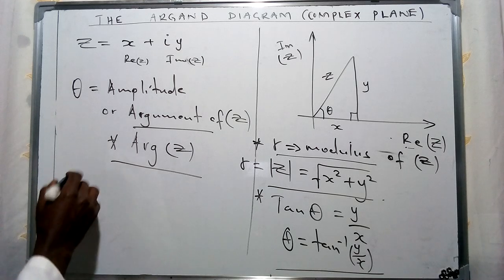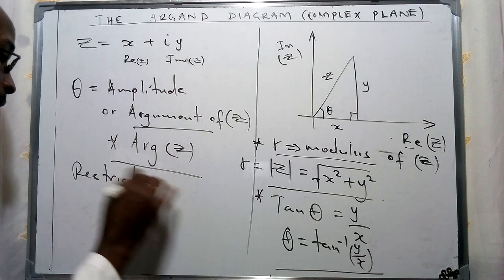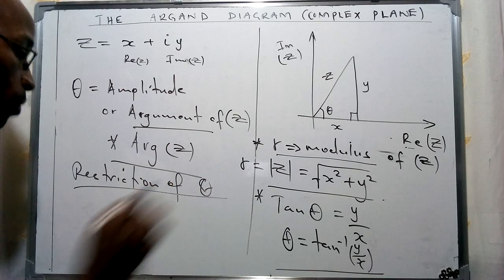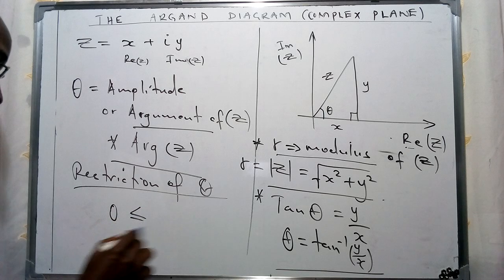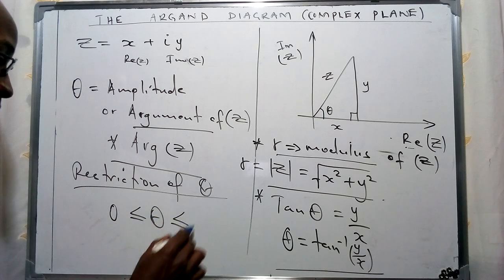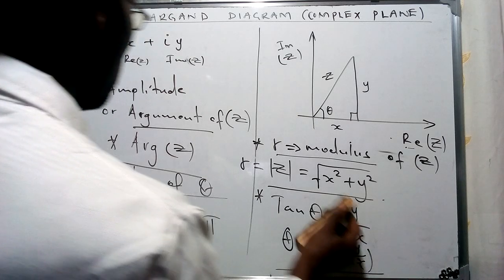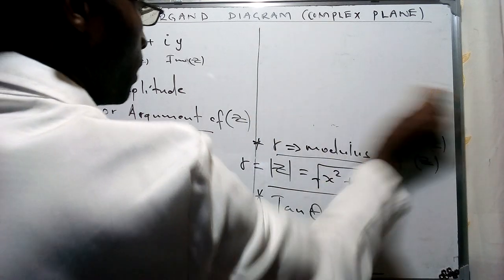And in this case, we are going to have a restriction for our specific angle or argument, which we have given in terms of theta. We can restrict theta between the values of 0 and 2 pi, which, if we represent it on a plane, can be given as such.